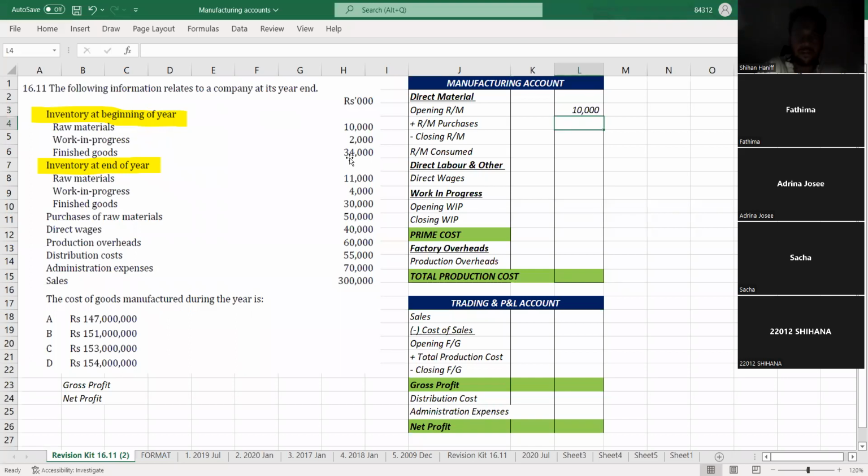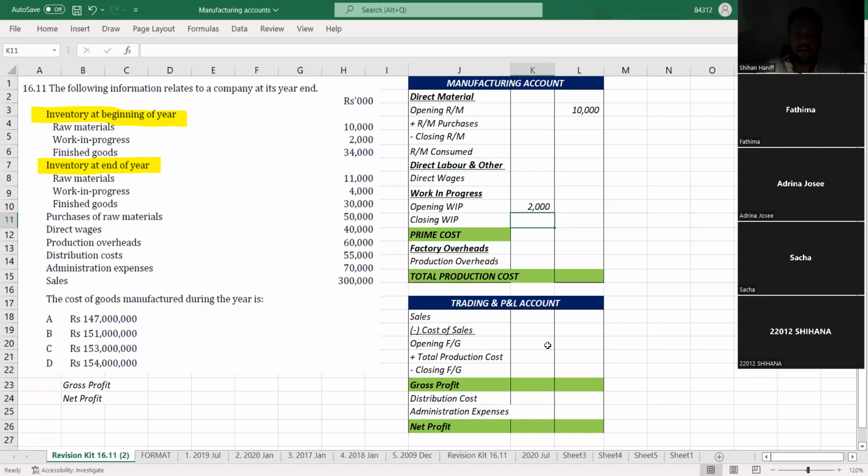Work in progress, opening work in progress 2,000 here. Then finished goods.